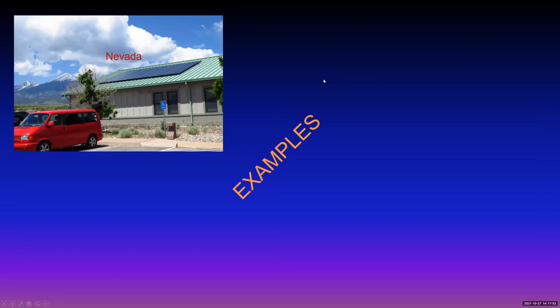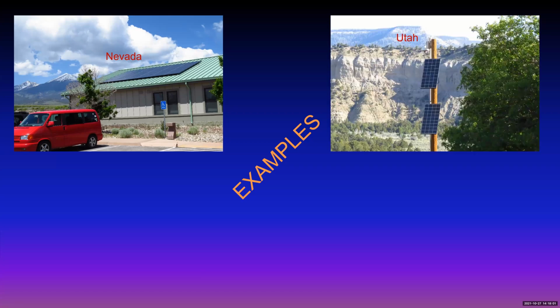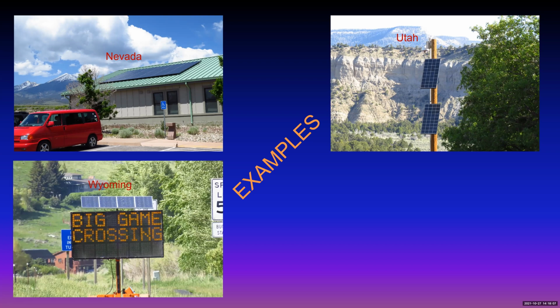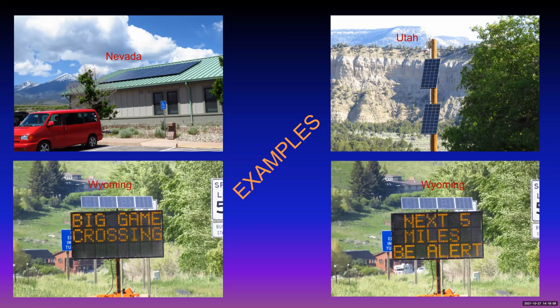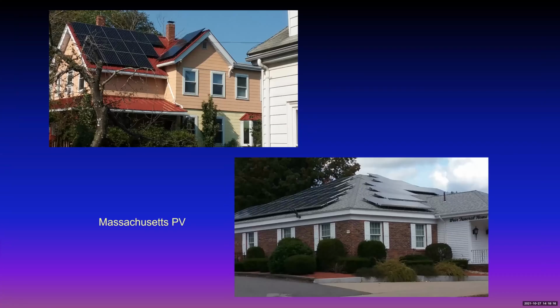Here's a couple examples of installations. This is kind of out in the middle of nowhere in Nevada. This is at Great Basin National Park. Utah has a few weather stations just kind of out there. You'd never believe it, but I like traveling around the West, and there's a couple examples of some systems. But then again, Massachusetts loves PV.